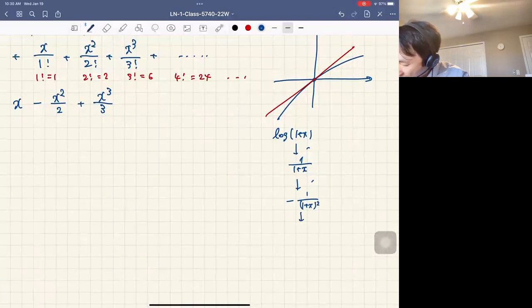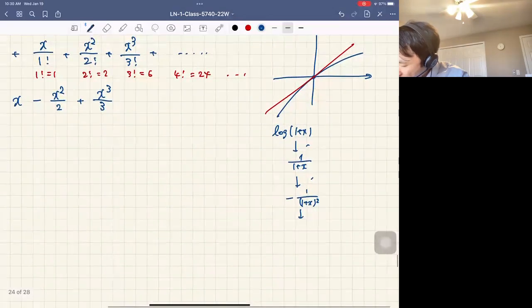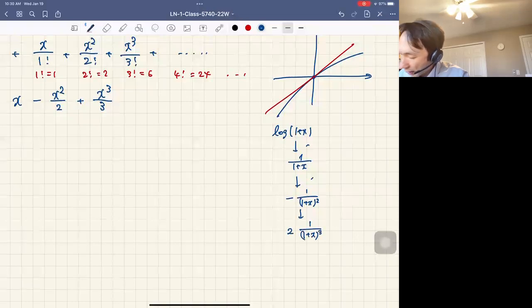Then we differentiate it, and this is 2 times 1 over 1 plus x cubed, and then we plug in x equal to 0. Maybe once more, negative 3 times 1 over 1 plus x to the fourth power. Then you plug in 0, and we get 0, 1, negative 1, 2, and negative 3.